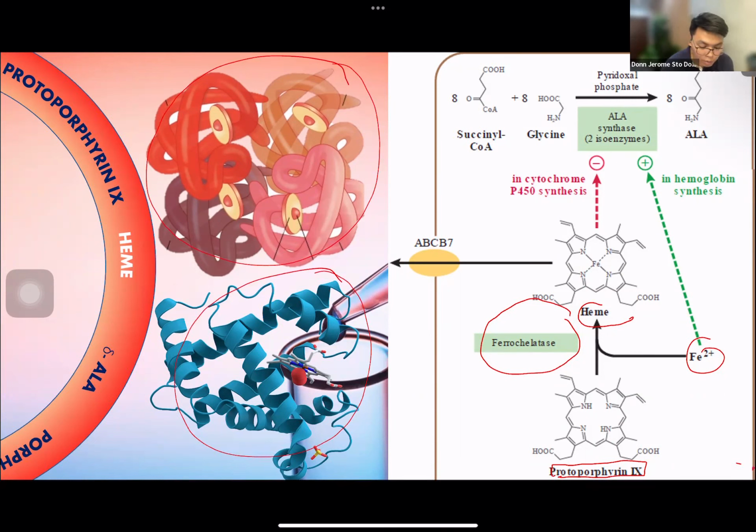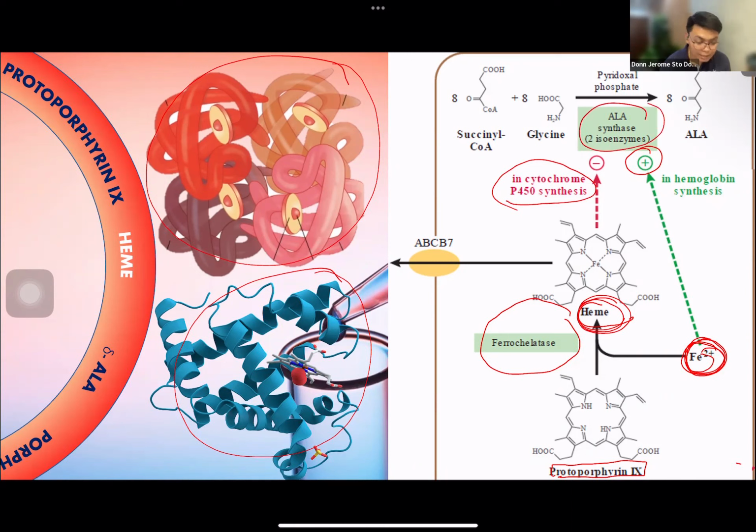What else do we need to remember? Iron, as you can see here, is a positive regulator of ALAS. When we say positive regulator, it stimulates the ALAS. Bakit? Why? As I mentioned a while ago, the mRNA of ALAS contains iron response element. Okay, what else? Heme, the end product of the pathway, present in cytochrome P450, is a negative regulator or inhibitor of your ALA synthase.